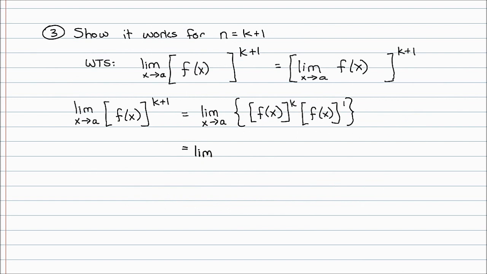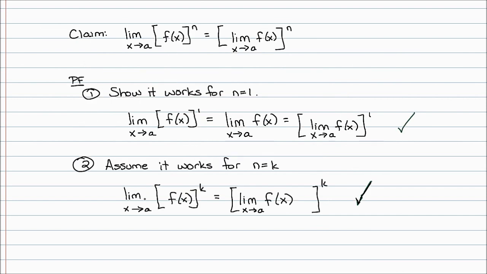So this is going to equal the limit as x approaches a of f of x to the kth power times the limit as x approaches a of f of x to the first power. And one thing that we've assumed about the first one, we said the limit as x approaches a of f of x to the kth power can be written as the kth power of the limit.